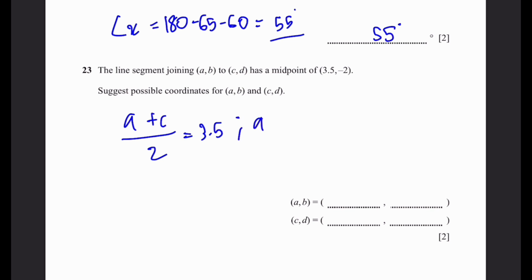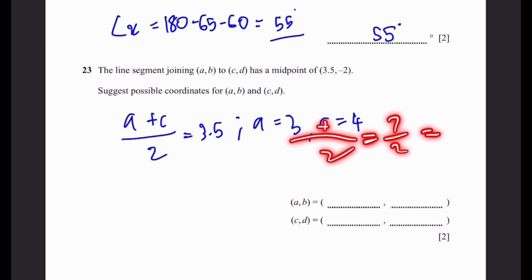That means A can be equal to, there are many values possible, many combinations of values, but I'll give you an example. A is equal to 3 and C is equal to 4. When we add them up, divide by 2 is equal to 7 by 2.